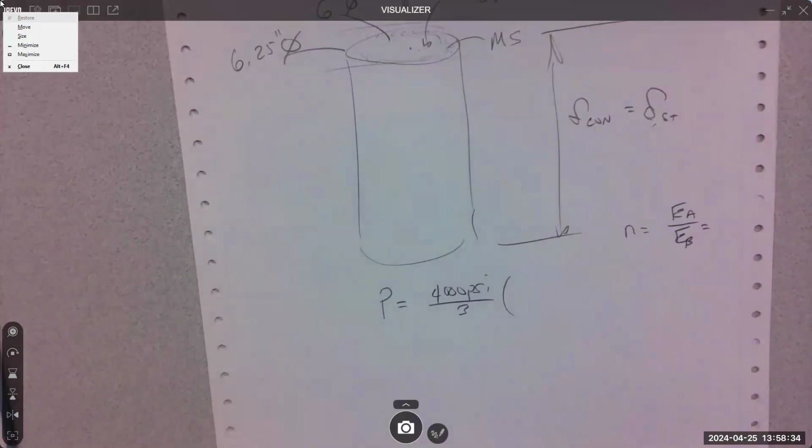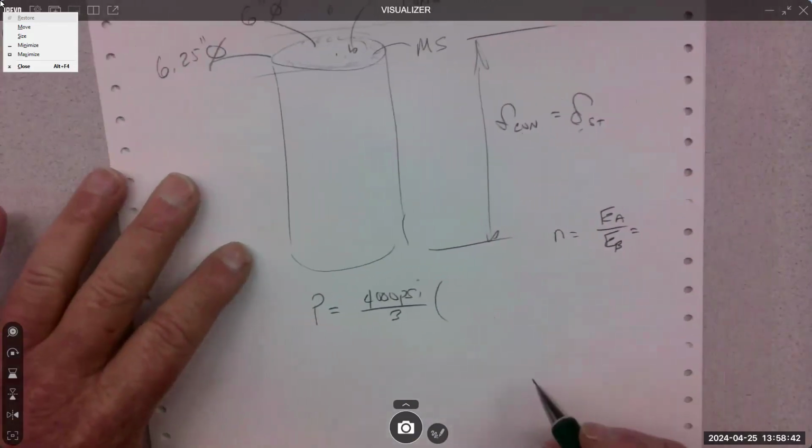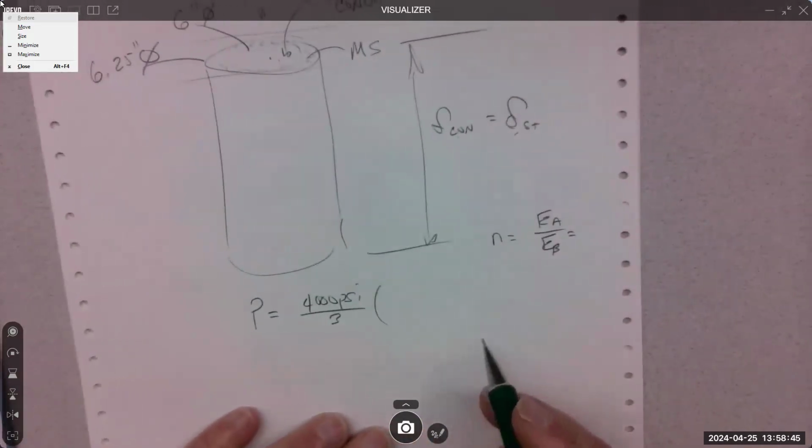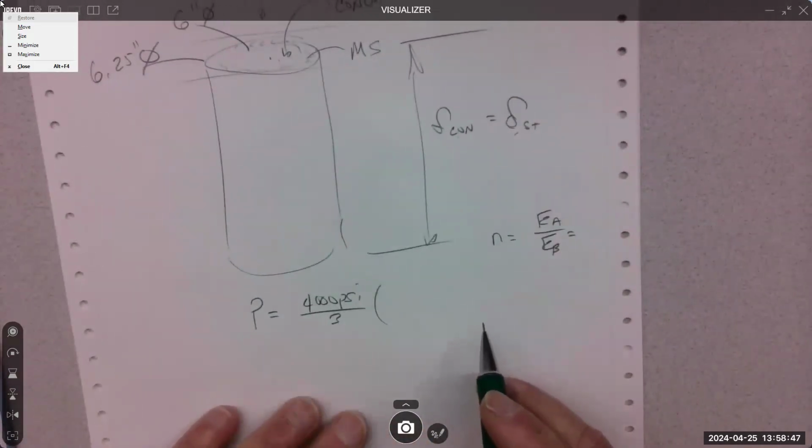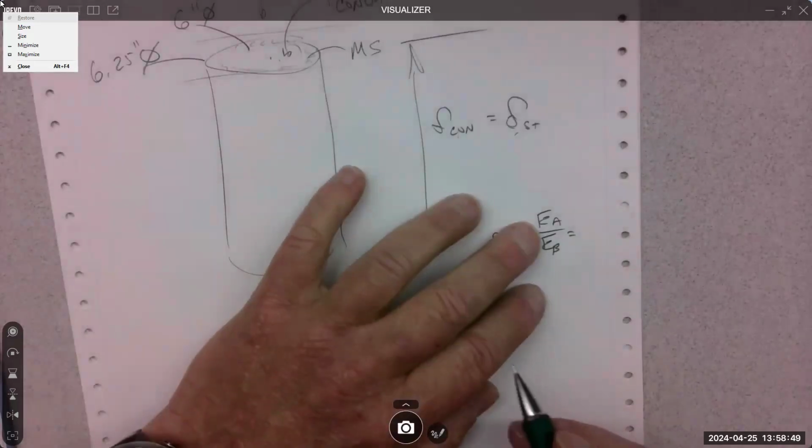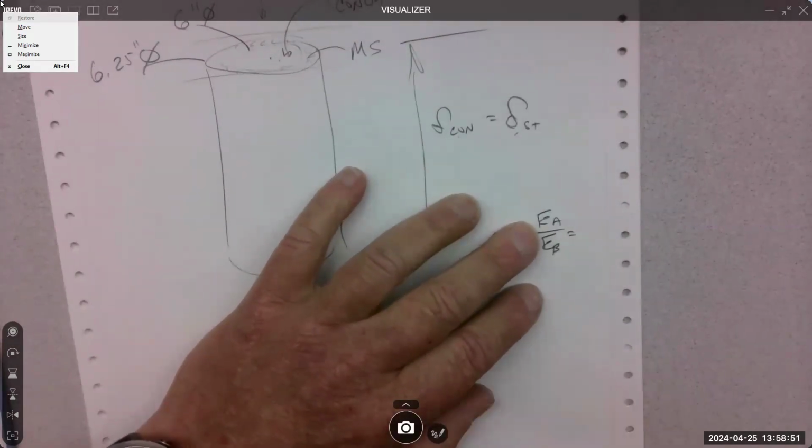So the modulus of elasticity for steel is, you can look it up, 30,000 KSI, yep.